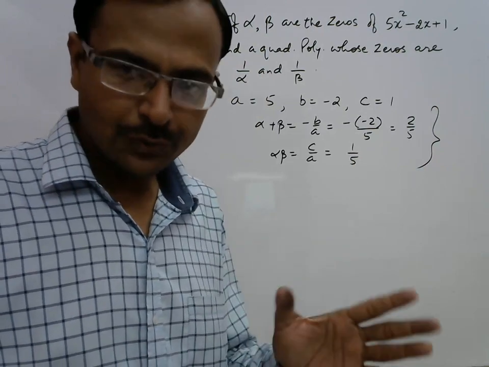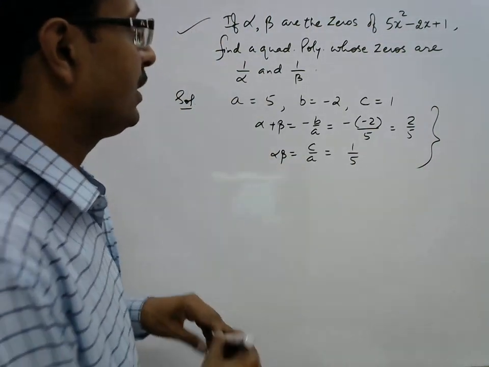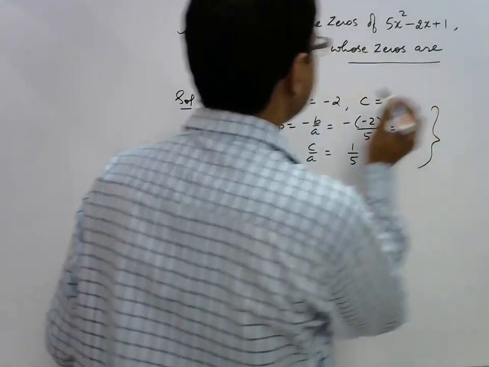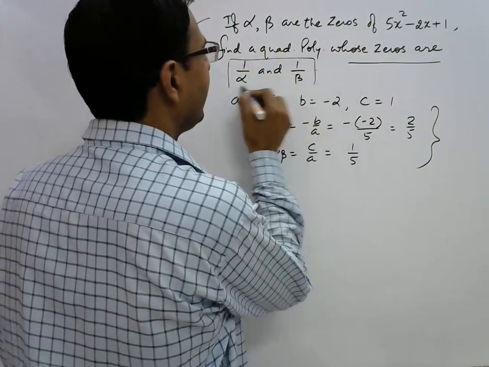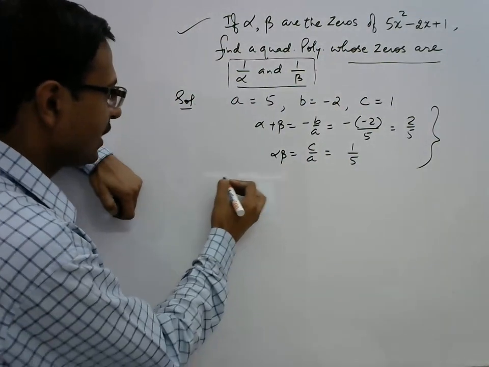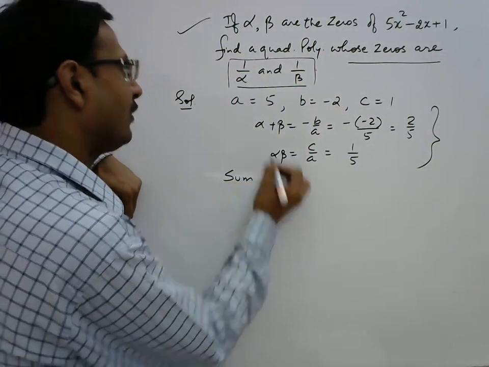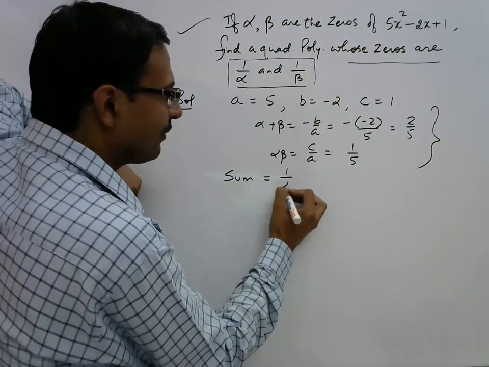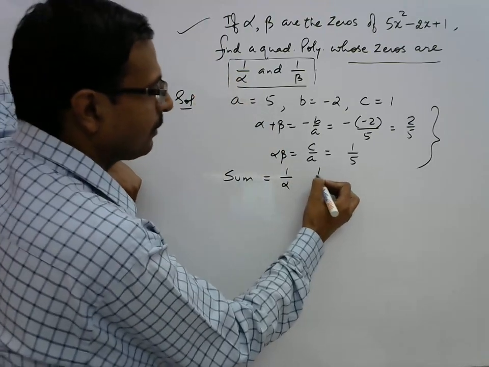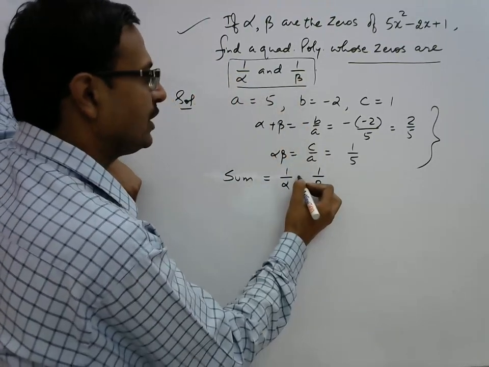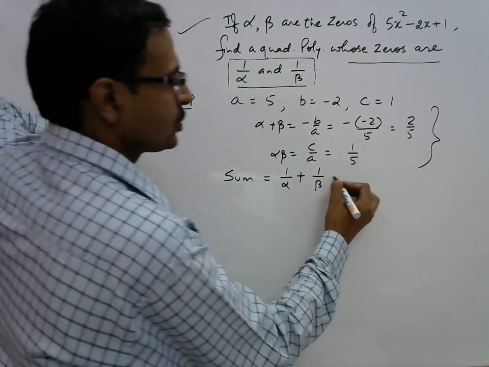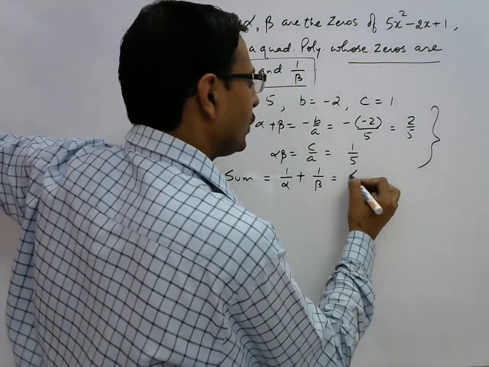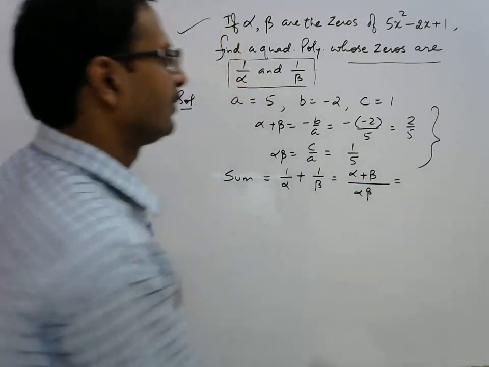Now see, we need to find a polynomial whose zeros are 1 over alpha and 1 over beta. So what we will do is, we will find the sum of these two zeros. So 1 upon alpha, this is the first zero, and 1 upon beta, this is the second zero. So we need to find the sum of these two. So take the LCM, alpha beta, you get alpha plus beta in the numerator.